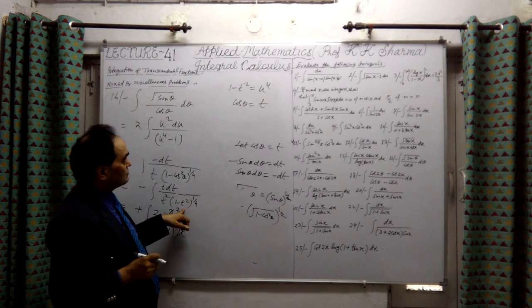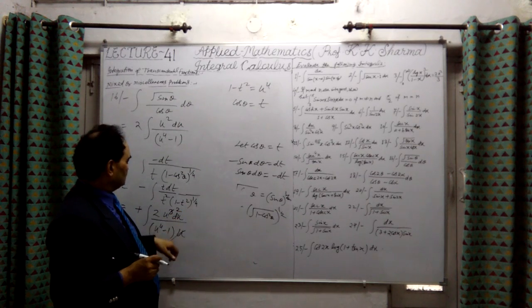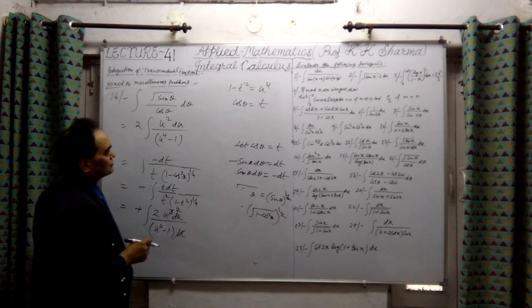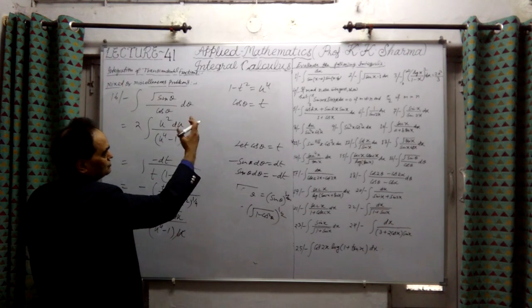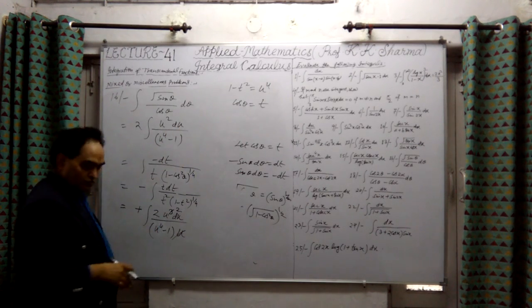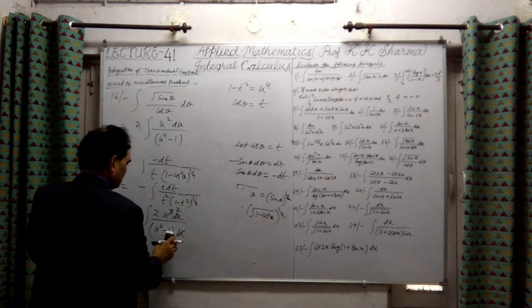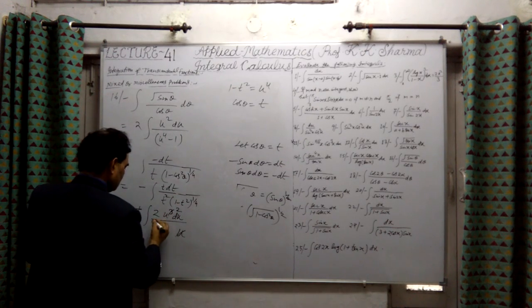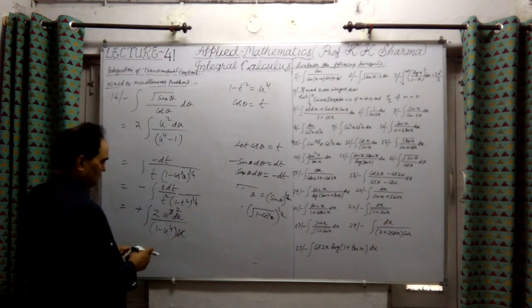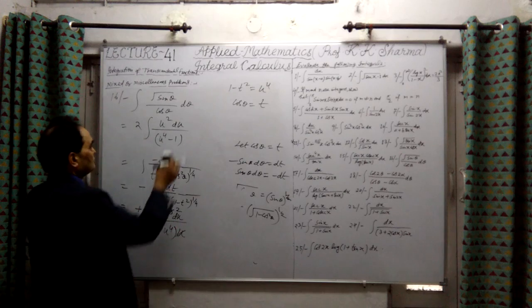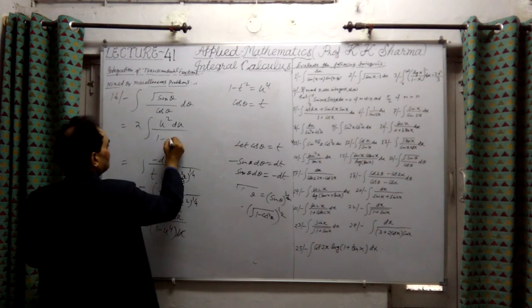Sorry, we consider 1 minus t square equal to u^4, or t square equal to 1 minus u^4. I'm sorry, this is 1 minus u^4 here. Okay, no problem. So that is the value.